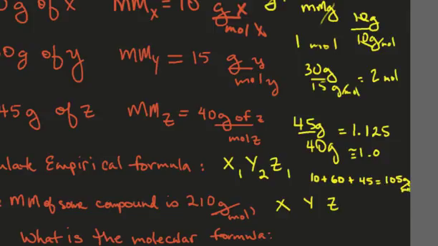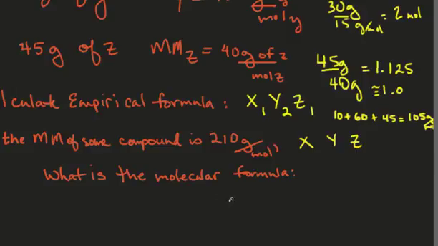So if we take that 210 divided by the 105, we see that this molecular compound is just twice this ratio, the empirical ratio. So we have 2 times 1 is 2, 2 times 2 is 4, 2 times 1 is 2. All right? So what did I do?